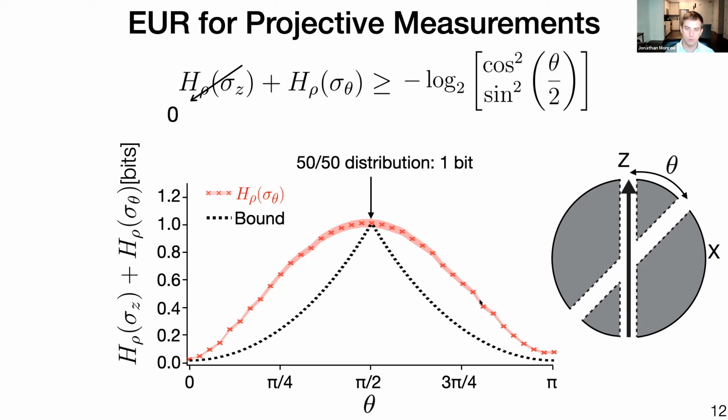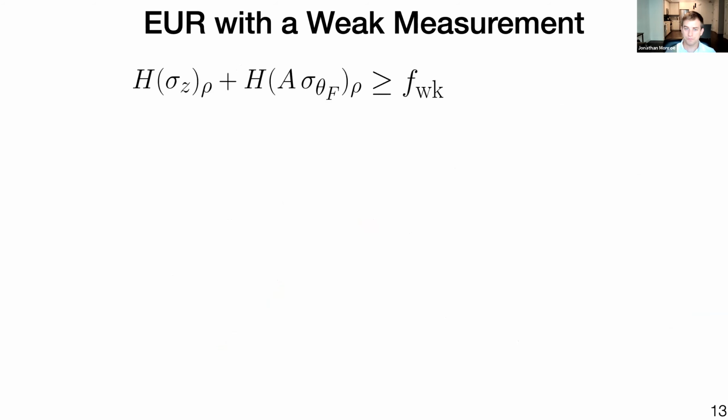Now let's get into the real substance of the talk by describing this uncertainty relation for a weak measurement. So in this case, we're comparing the entropy between two separate measurements.